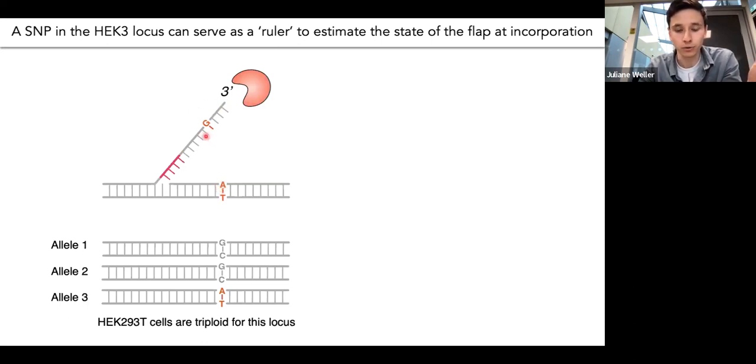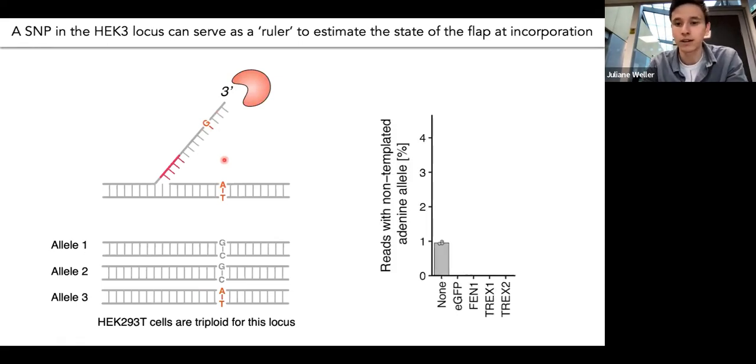And if the entire flap was integrated, you would expect that the edit contains a G here. But if the flap was for some reason degraded to a shorter length and then ligates into the genome, you would still see the A. And we can quantify that ratio of A to G for reads that contain the edit. And what you see is that without any overexpression, we have about 1% of reads that contain an A in this position, of edited reads, which means that the majority had flaps long enough that the G got fixed in.